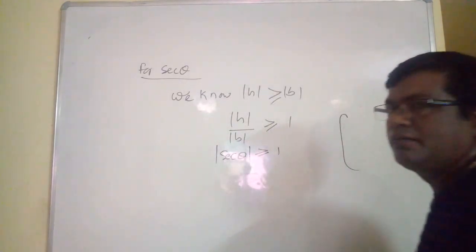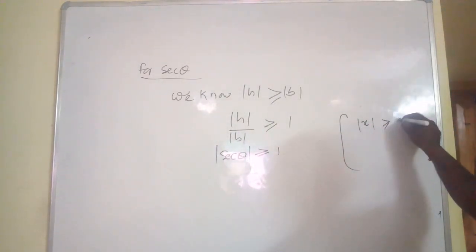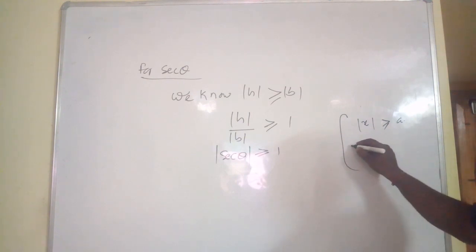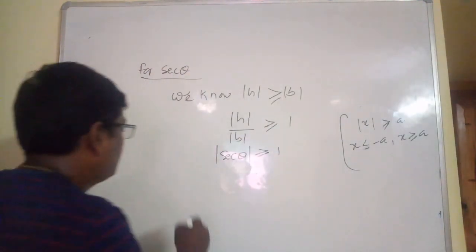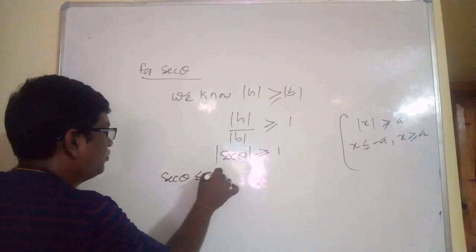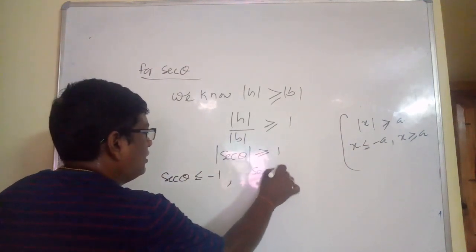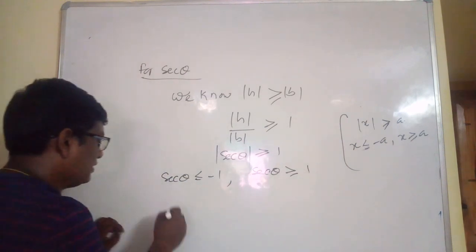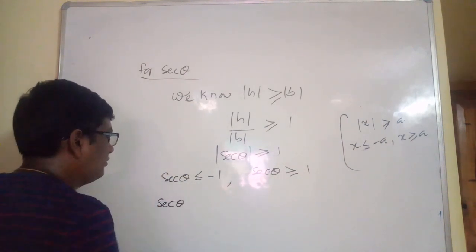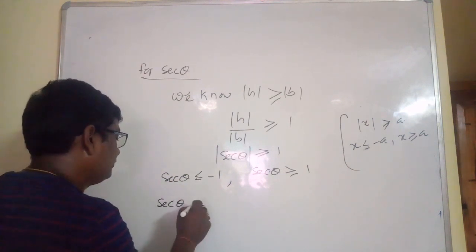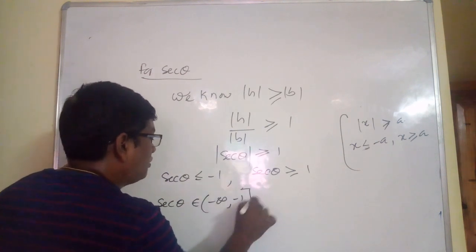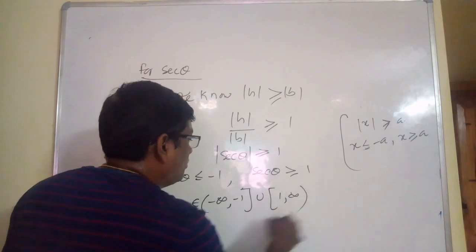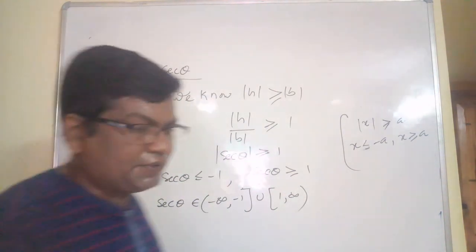We know from inequality, mod x greater than or equal to a means x less than or equal to minus a or x greater than or equal to plus a. Similarly, here sec theta is less than or equal to minus 1 or sec theta is greater than or equal to plus 1. That is, sec theta belongs to minus infinity to minus 1, union 1 to infinity. So the minimum value and maximum value cannot be determined in the case of sec theta.